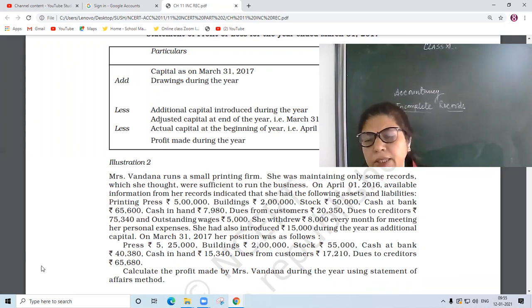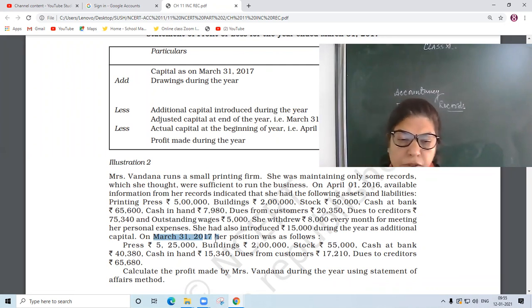Now on 31st March 2017, this is the closing date, and the closing date is for closing capital. Now see, price rupees 5,25,000.